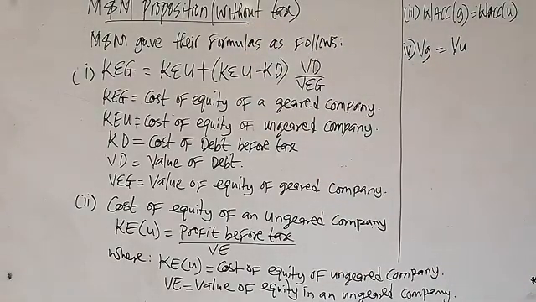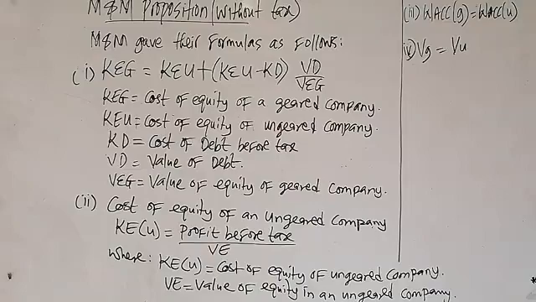So that is our postulation, and we shall come to a point whereby we are going to exemplify this formula we have given here, to see what they mean by the value of equity of Z, the cost of equity of Z and that of unlevered Z, and why.